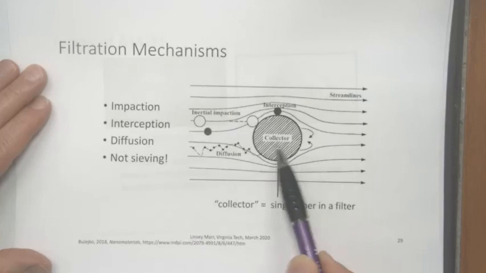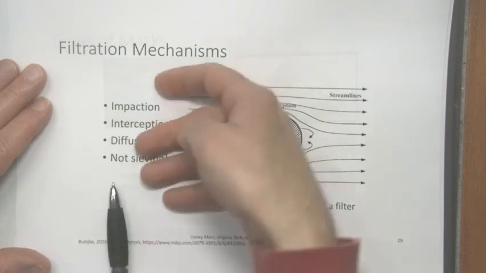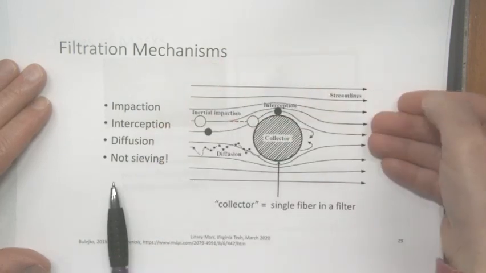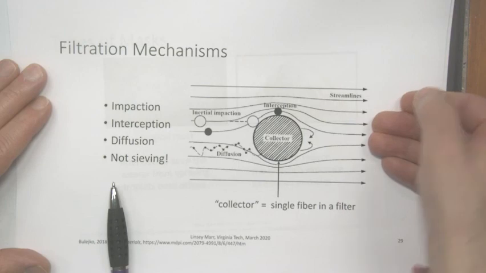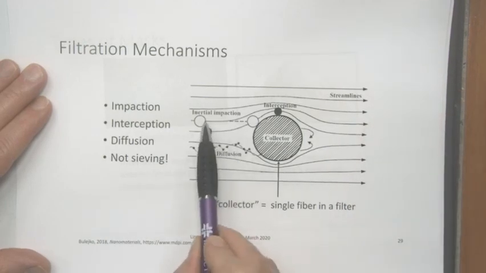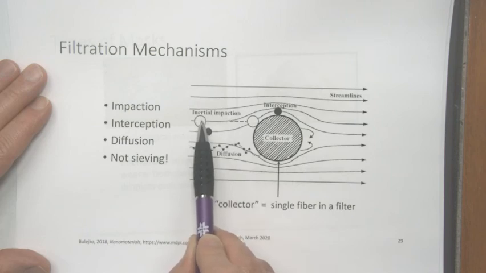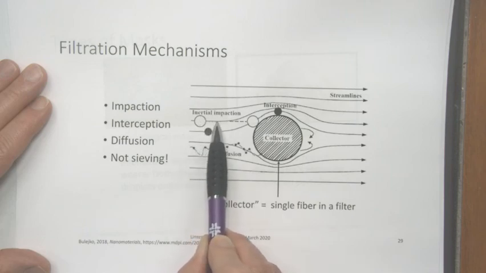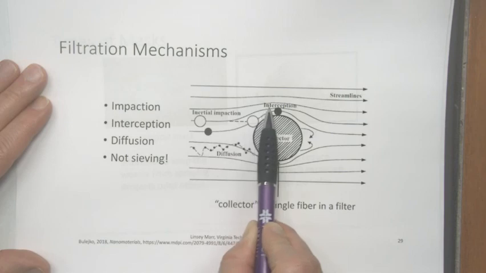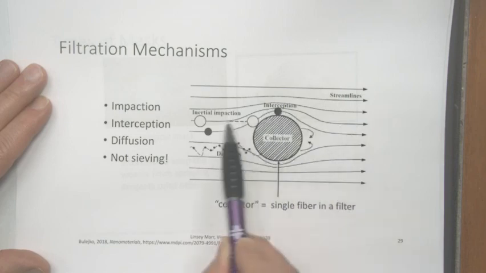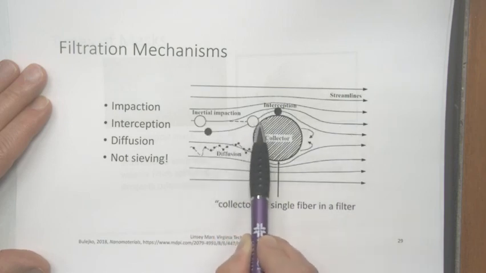So here's a fixed fiber in the mask, right, and the airflow is being sucked across that fiber. And there are three things that can happen that lead to a particle being collected on the fiber. One is inertial impaction. It has so much inertia that even though the air streamline bends around the fiber, the particle keeps going straight and impacts.